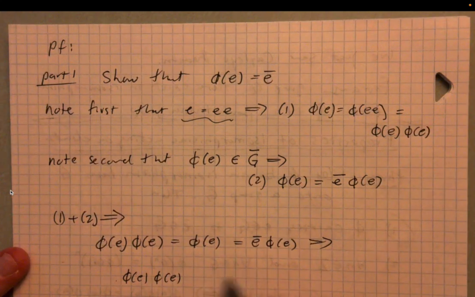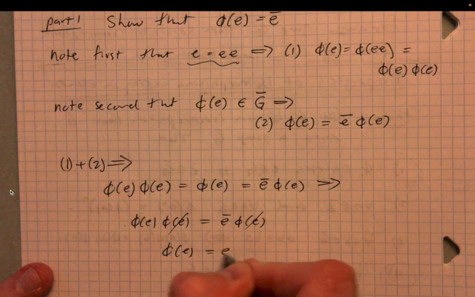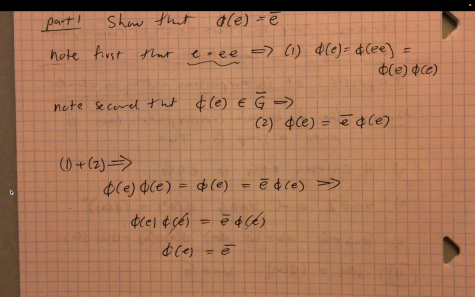Let's see if you can see how this was going to work out. These will just cancel right off, won't they? So we get exactly what we want. The identity E is mapped to E bar under phi.